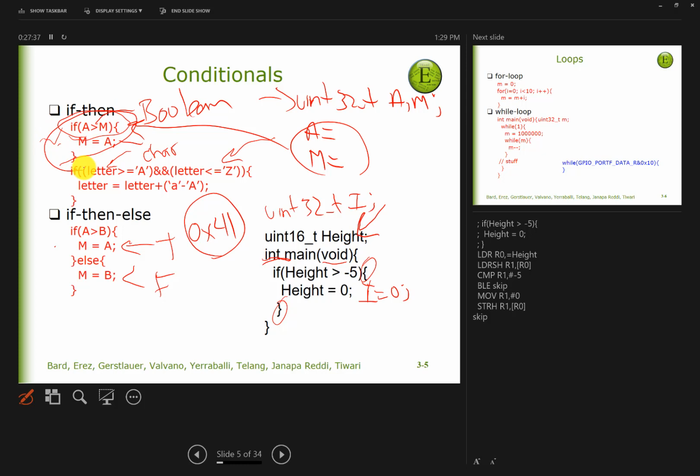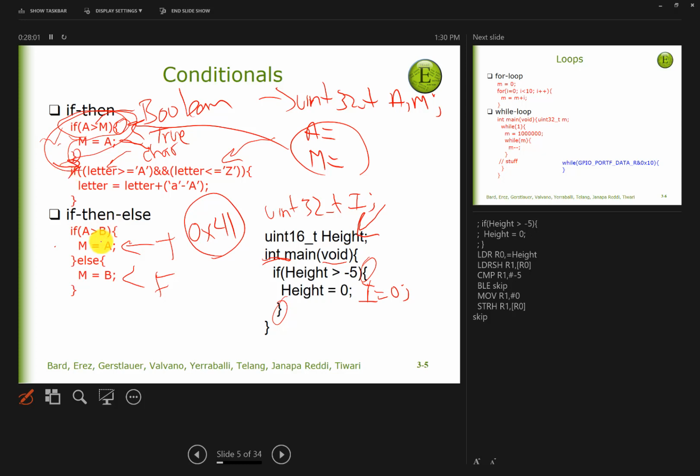What happens if it's true or if it's false? With an if, you're going to execute this stuff between that brace and this brace if it's true. If it's false, you're going to skip that, and in both cases, you're going to end up here.